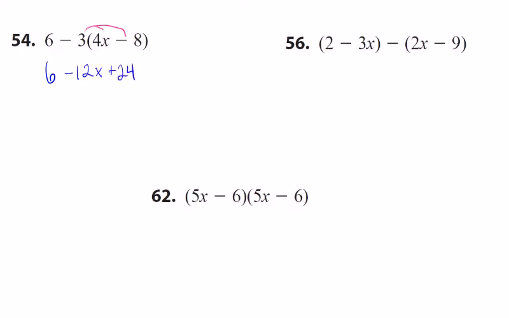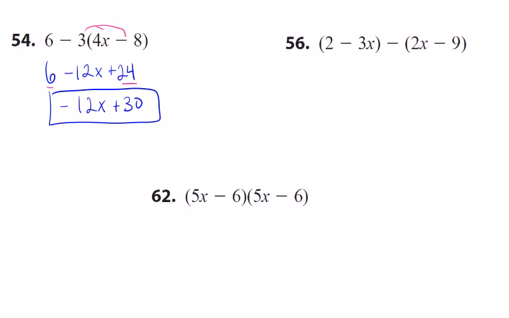And then 6 plus 24 is 30. So I combine these like terms: the negative 12x comes down, and then 6 plus 24 is 30. That's as far as we can go with that one. 12x and 30 are not like terms, so we can't go any further.